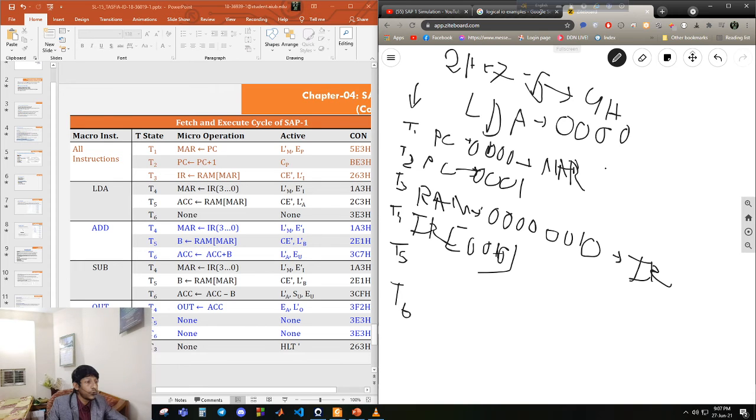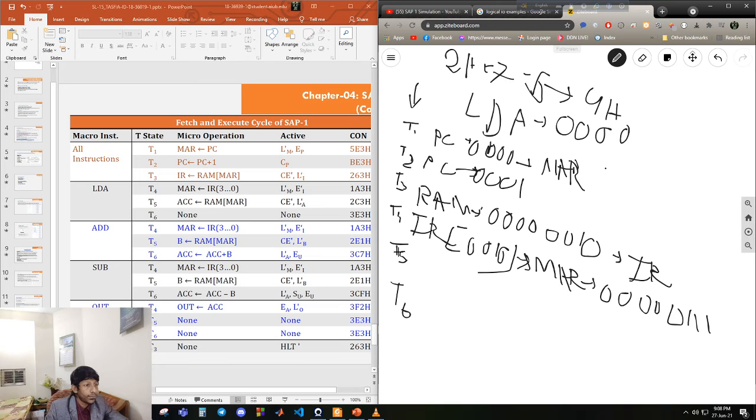So in address 0010, we can see the value is 7, so the value will be registered in MAR, the memory address register, which is 8-bit: 0000, and 7 will be represented by 0111. So our fourth step is completed.